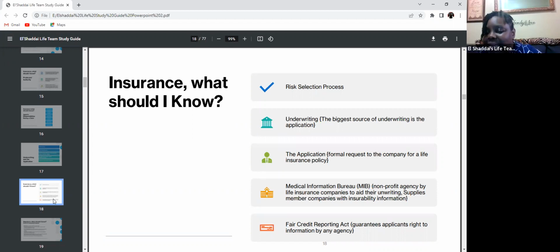It supplies member companies with insurability information. Okay. What else does the application or the risk selection process go through? The Fair Credit Reporting Act guarantees applicants the right to information held by any agency. Okay. Fair credit.